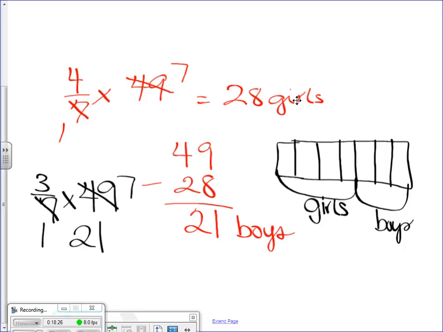Same answer, different way. Well, I did it this way too. Yes, sir. But you still got the same answer, right? Either way.